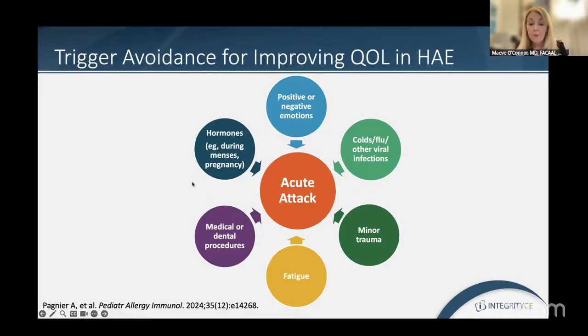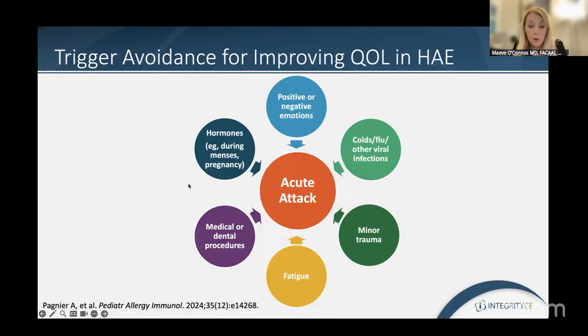Minor trauma to severe trauma, so even as much as stubbing their toe, trying to modify life to try to avoid those minor traumas. Fatigue, patients who aren't getting good sleep or working third shift often can have attacks due to their fatigue. Medical and dental procedures, that's a time to coordinate care between the HAE provider, the patient, the caregiver, and whoever is going to be performing any dental procedures or medical or surgical procedures.